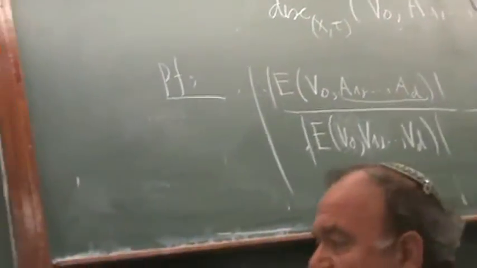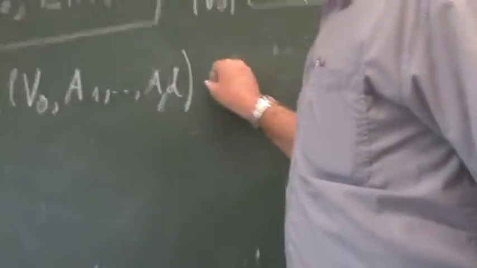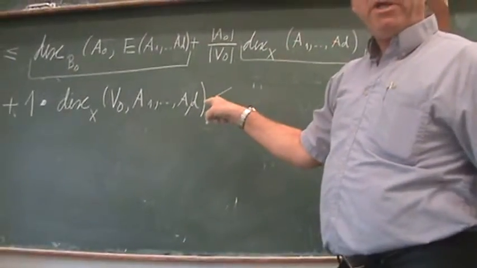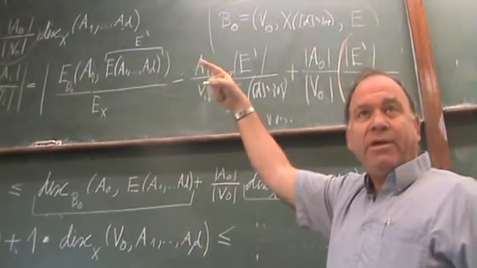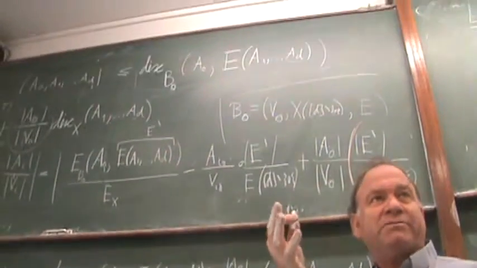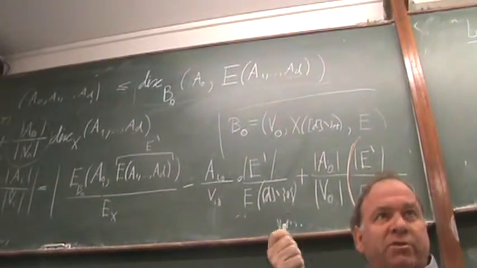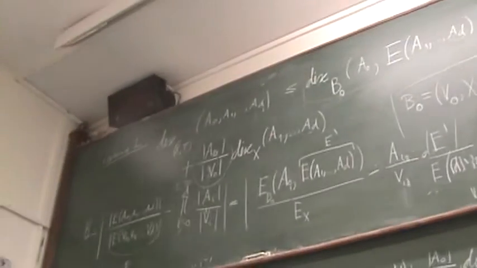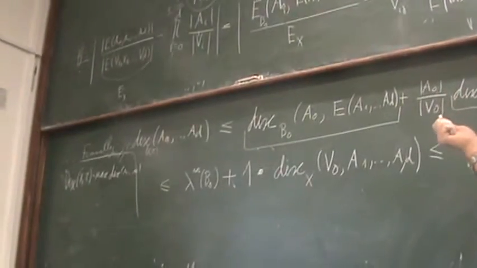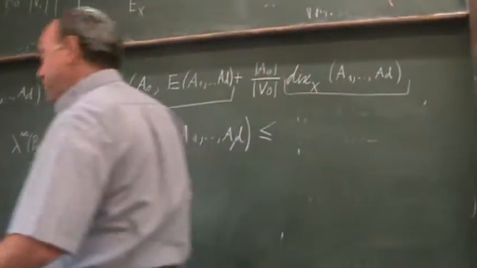Now, there was nothing special here when I proved lemma 1. I proved it for V0, for the first, but there was nothing special about color 0. This is the same as in all the other colors, right? So this is the same.